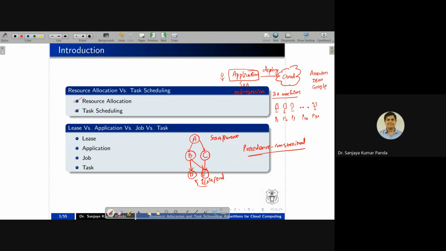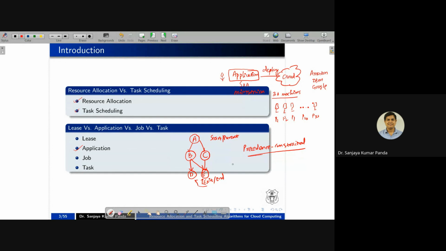Similarly, E cannot be executed unless B and C are both completed, and D can only be completed once B has completed its execution. So there is a dependency, and you cannot violate it. Even if resources become available, it is not possible to allot B and C prior to A. Once A is completed, only then can you think about B and C. That's why it is called a precedence constraint application.